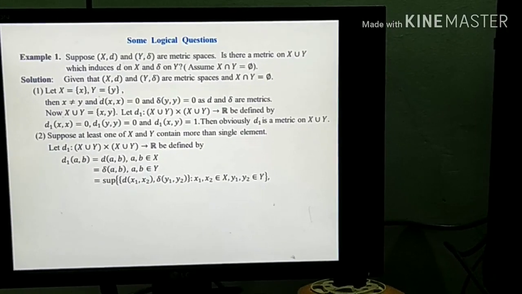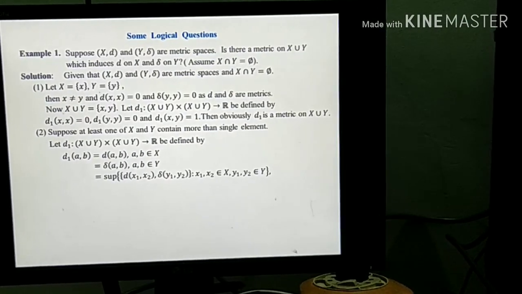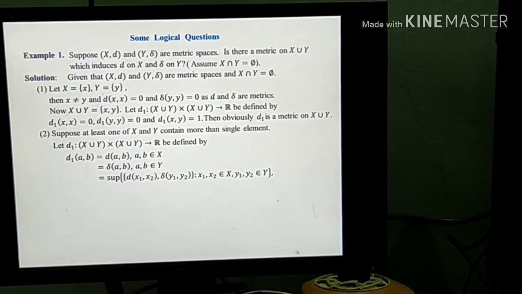You can define a metric on X union Y which induces d on X and delta on Y.